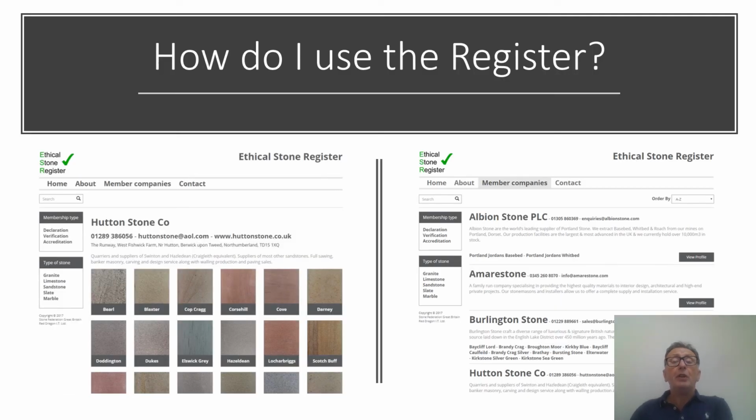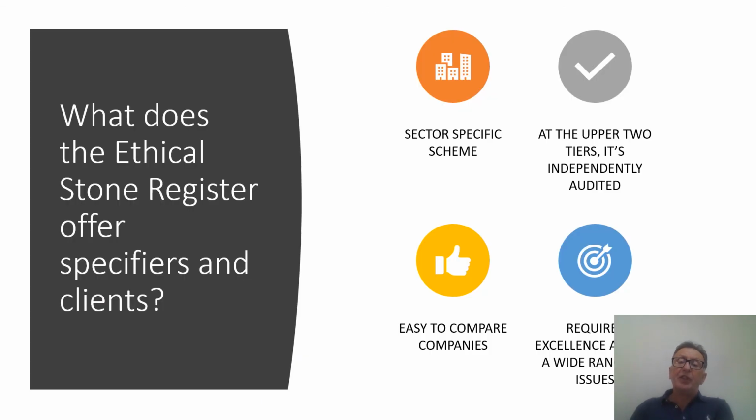If you want to use the ESR, then the best thing to do is to go onto the website, and here you'll see companies that are members of the scheme displayed alongside images of the stones that are included within their accreditation. The scheme itself operates at 3 different levels. At the lower level, tier 1 within the scheme, it's a self-declaration level where companies provide information about how they operate.